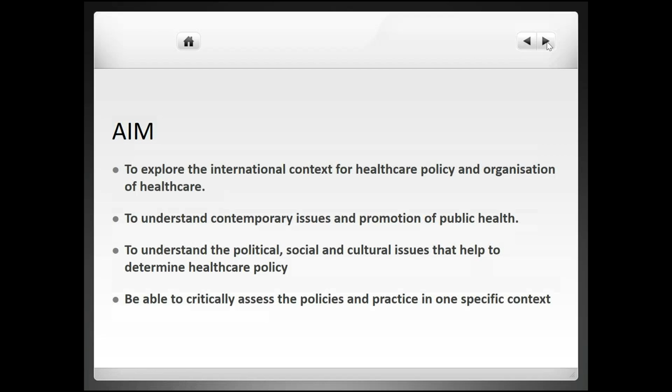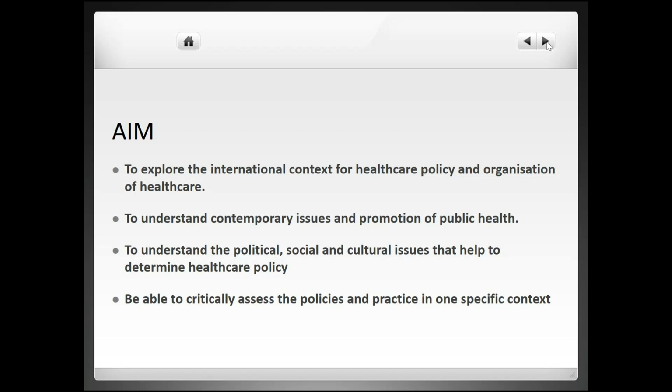Right. So the aim of the presentation is to explore the international context of healthcare policy and organization of healthcare. Then we try to understand contemporary issues and promotion of public health. We'll also look at the political, social, and cultural issues that help to determine healthcare policy.